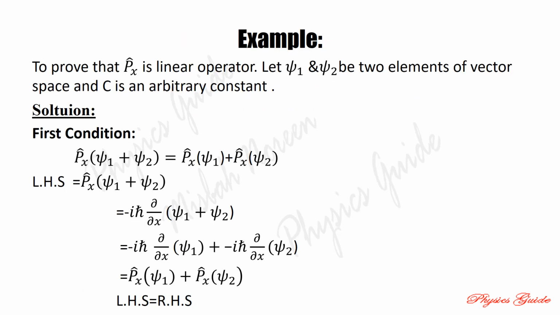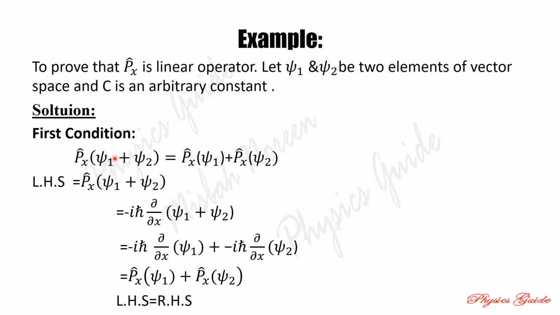Now students, here is an example of a linear operator. The question is to prove that p of x, the momentum operator in the horizontal direction, is a linear operator. Let psi 1 and psi 2 be two elements of a vector space, and C an arbitrary constant. We prove that the momentum operator is linear.